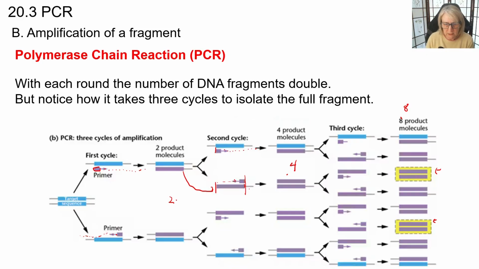When my primer binds and we build it, it reaches the end of the target sequence, and there is no more DNA here. So this one here is now just the fragment that we are interested in. This one here is just the fragment that we are interested in. As I do it a third time, this one and this one here are already just my target sequence, no fuzzy ends, so that when these ones and this one get through the third cycle, I have a piece of double-stranded DNA here that is just my fragment, a piece that is just my fragment.